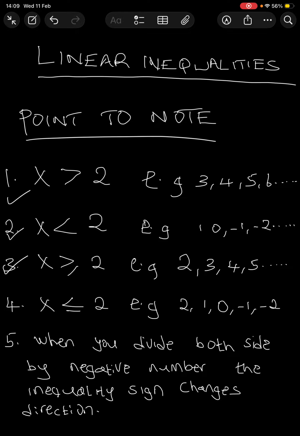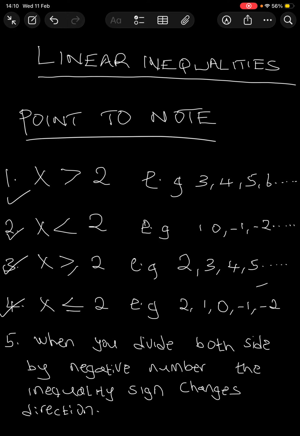This means that the values of x are greater than 2 and 2 is included. Number 4, x is less than or equal to 2. So this means that the values of x are less than 2 and 2 is included. So we have 2, 1, 0, -1, -2. Next, point number 5, when you divide both sides by a negative number, the inequality sign changes direction.